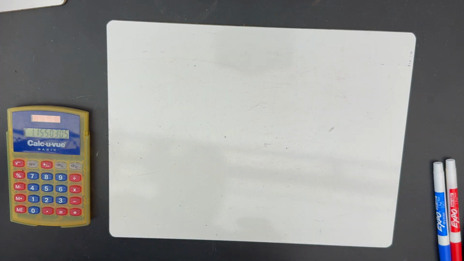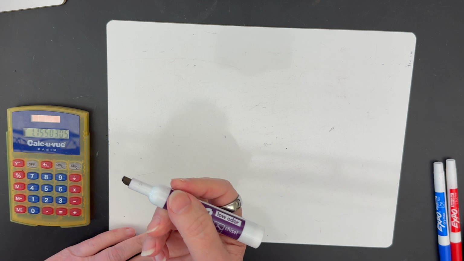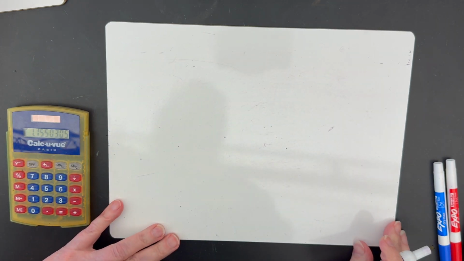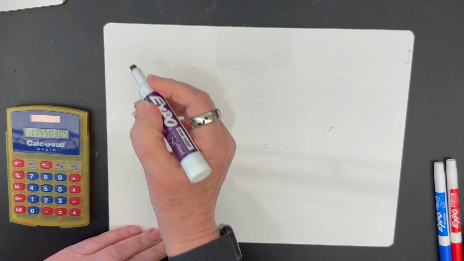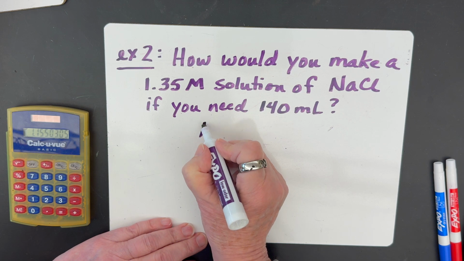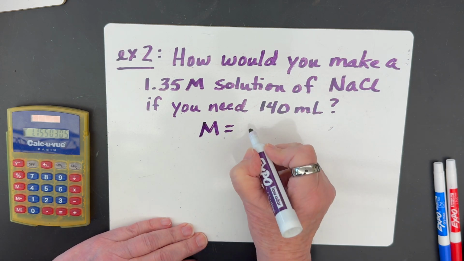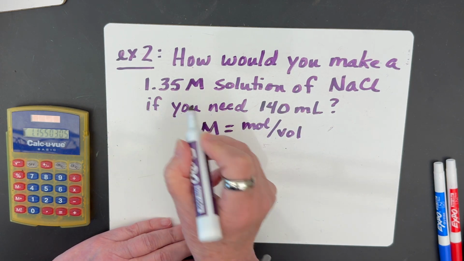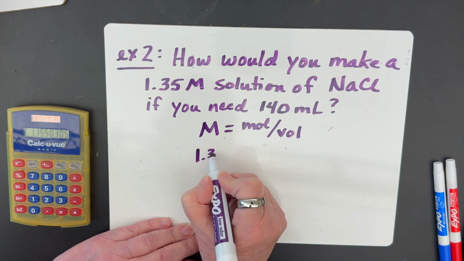In our second problem, we're going to look at what if you're asked how to make a solution. So here's our question. How would you make a 1.35 molar solution of NaCl if you need 140 milliliters? Again, we're going to start by using our molarity equation. So we know we want the molarity to be 1.35 molar.